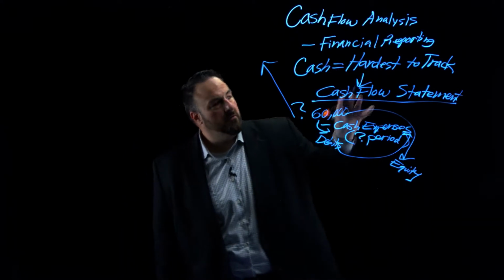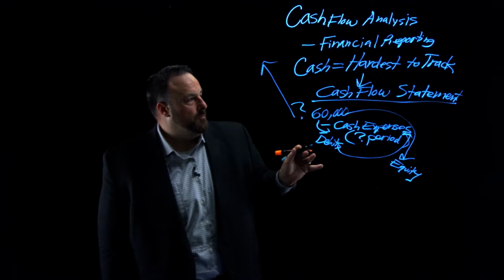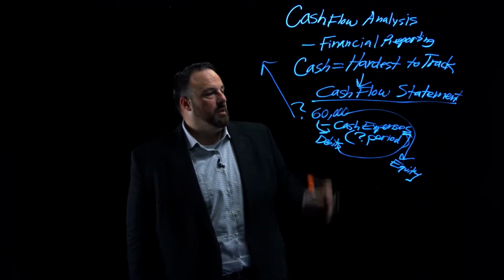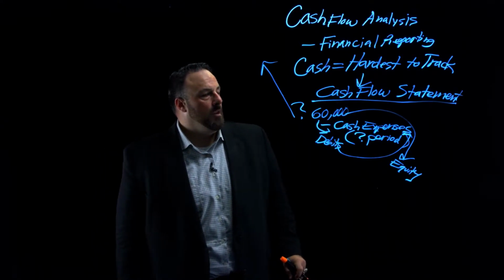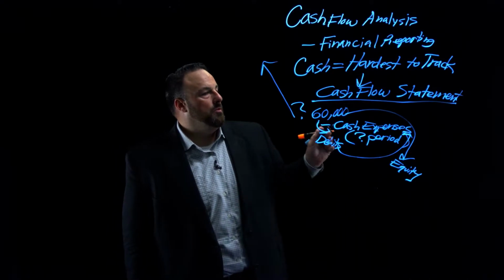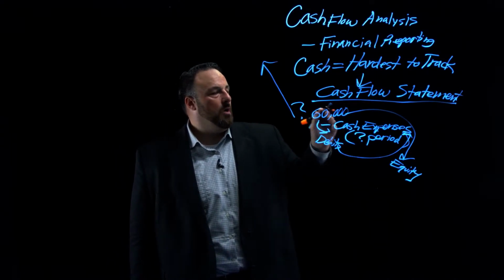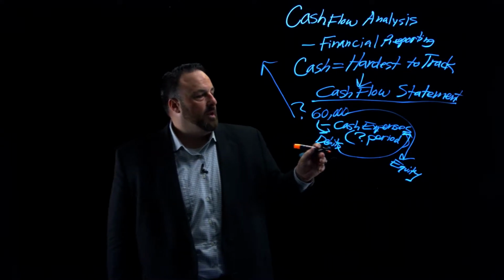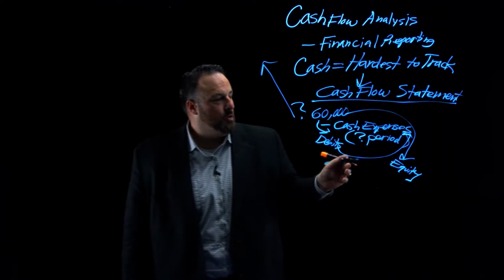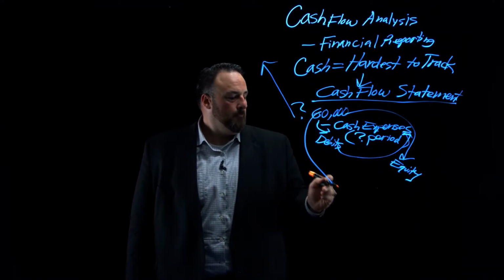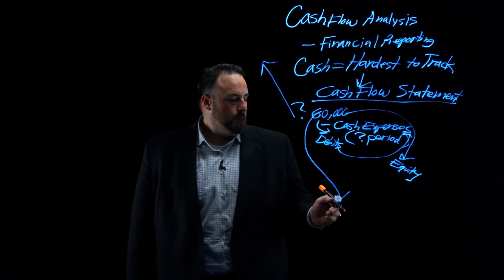So we have a separate financial statement to perform analysis on, and that would be the cash flow statement. The cash, where it comes and goes, will appear at the bottom of the cash flow worksheet.